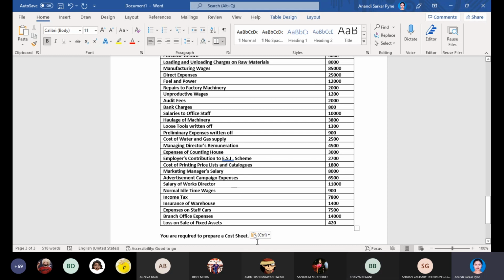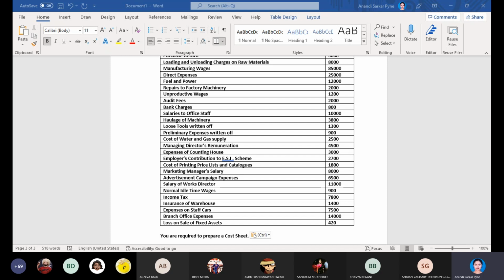Then expenses on staff cars. This is an office related expense. This is an additional facility you're giving to your employee, so it is an office related expense. Then the branch office expenses. Branch office expenses is a selling and distribution expense. You have manufactured the goods, you have done all the administrative work.